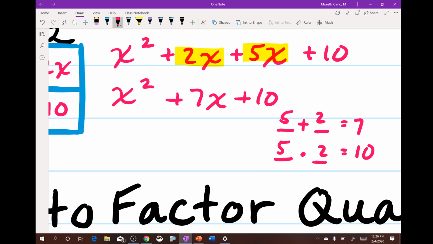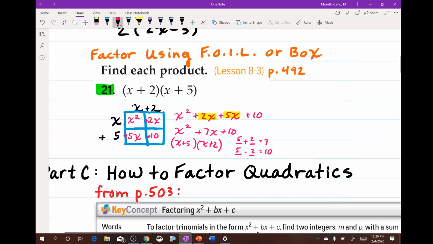You all agree? 5 plus 2 is 7. 5 times 2 is 10. Check this out. Look at this. That is the same thing as this.